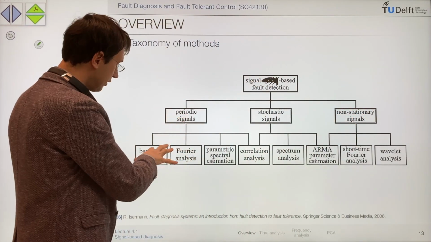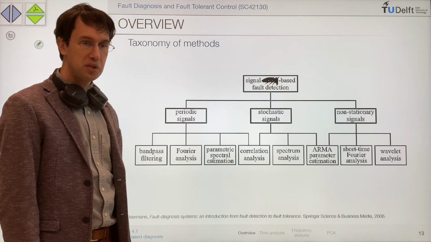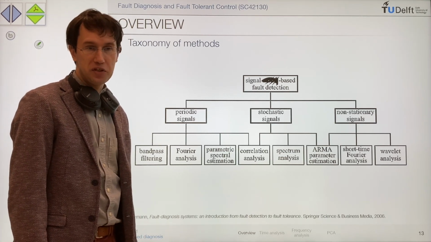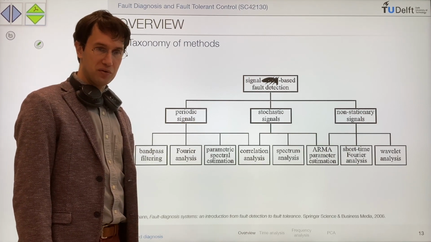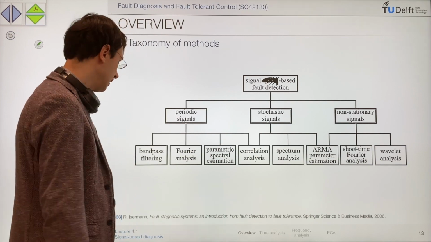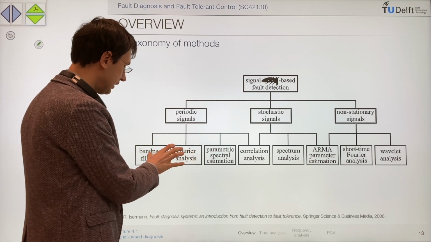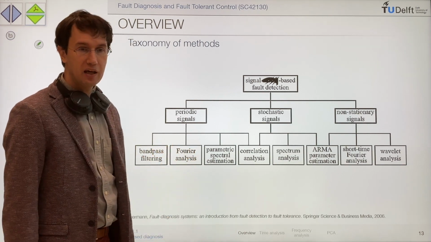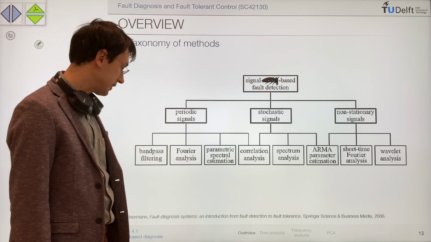And if you look at the approaches that you see here, they are indeed approaches for generating features and symptoms. They are not yet complete approaches for doing also the last step, this symptom evaluation step. Because you see here, we have bandpass filtering and Fourier analysis. They are both approaches for detecting issues like the one we had in the musical example.